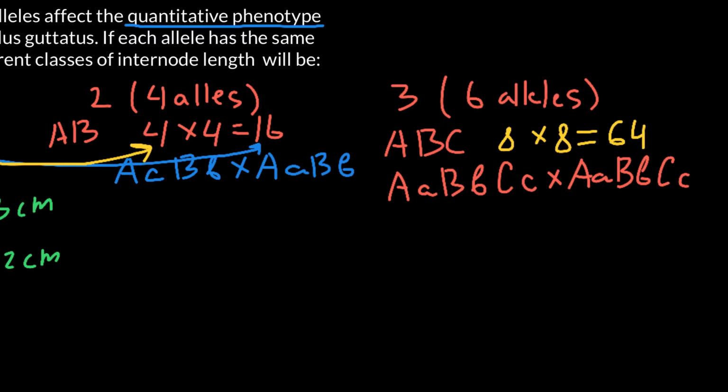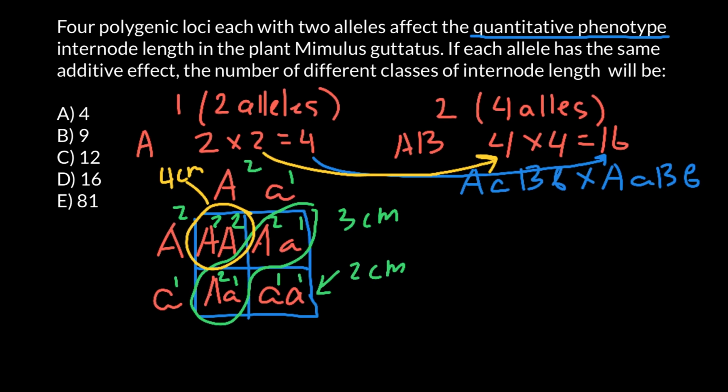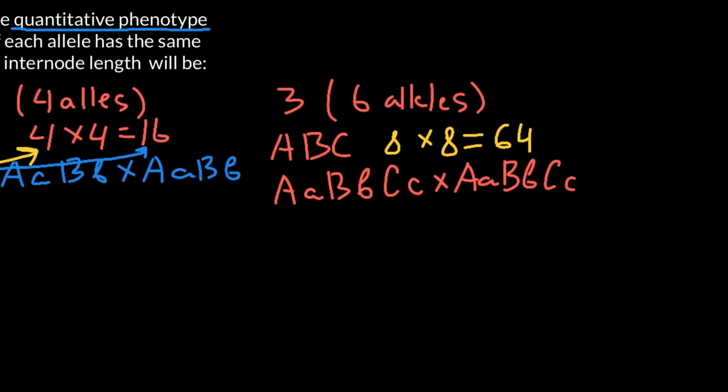And let's return to our problem. We are told that we have 4 polygenic loci. So let's continue.